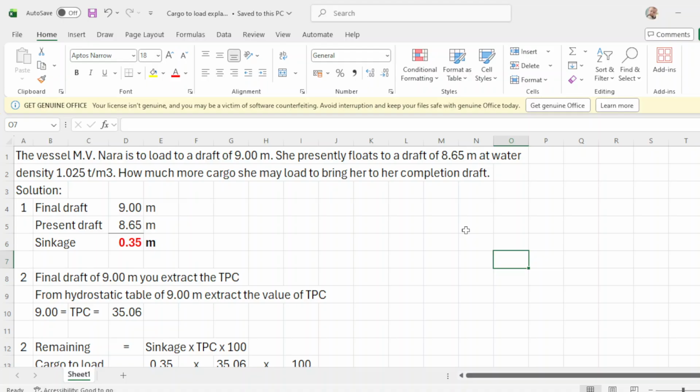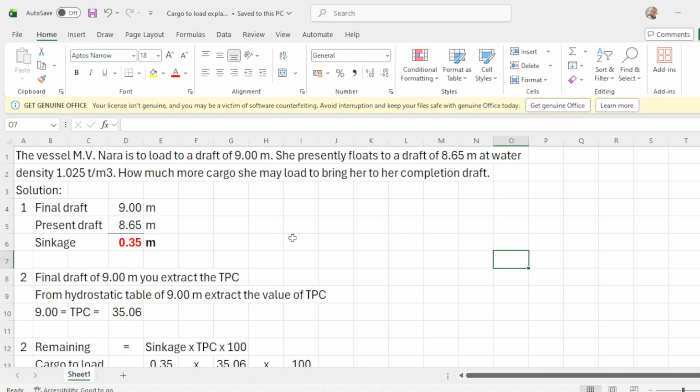Before I continue, let's first see the solution of this problem. The first solution, number one: the final draft of 9 meters minus your present draft of 8.65, and the result will be 0.35 meters, which is the parallel sinkage.